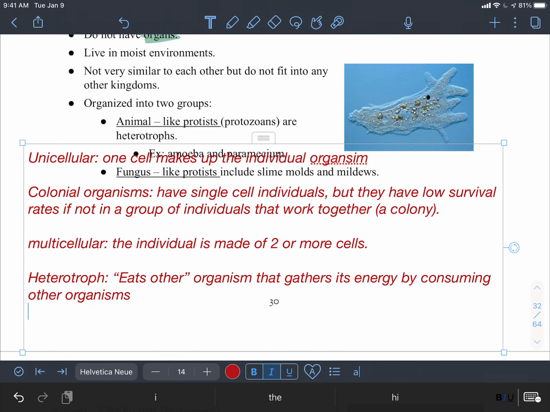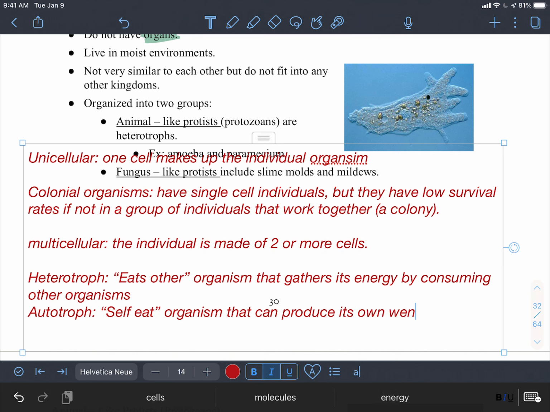We contrast that with autotroph, and it's a self-eater. I don't know the exact origin of that word, but it's an organism that can produce its own energy, like plants.